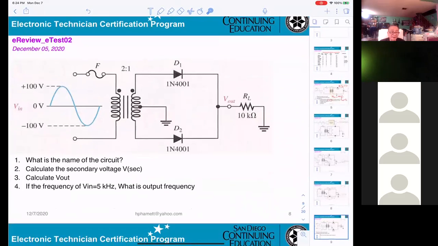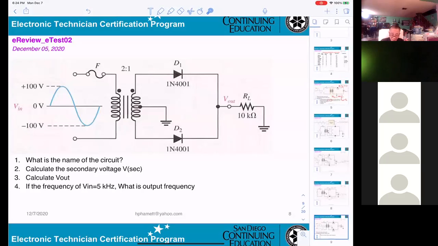Okay, this is a question here. What is the name of the circuitry? Basically, that will be a full wave rectifier. And then calculate the secondary voltage. You get 200 volts input, and the ratio of the transformer is 2 to 1.